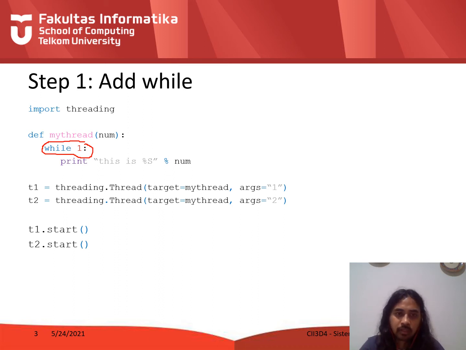Because we added while 1, and 1 means true, and while true is always right, so the thread will loop forever. But it is dangerous to write it like this because there will be no delay. So to have a delay, we need to add sleep.